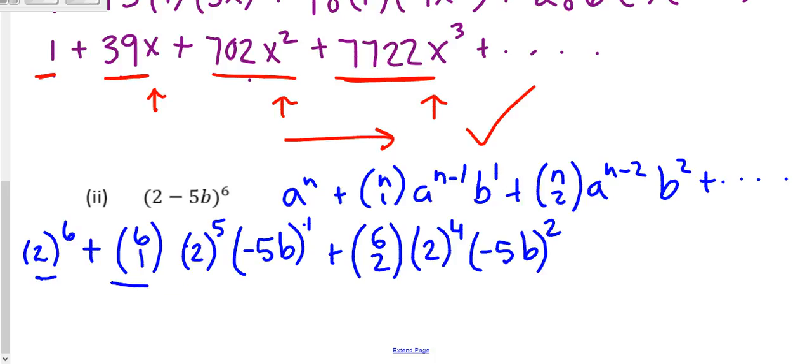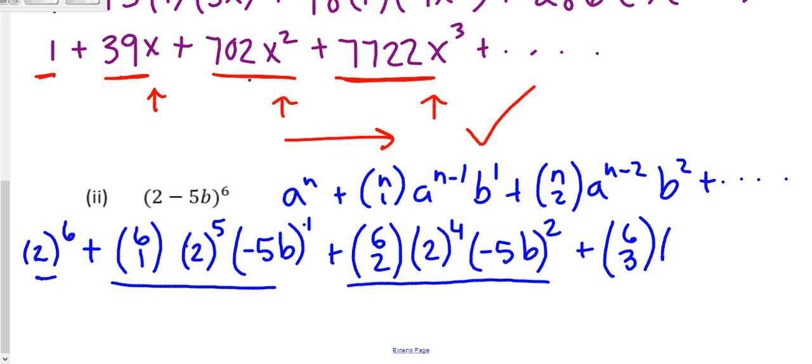And now we have 3 terms plus 6 choose 3, we're counting up, 2, we have 6, 5, 4, 3 times negative 5b cubed. And that's all we need to answer this problem.